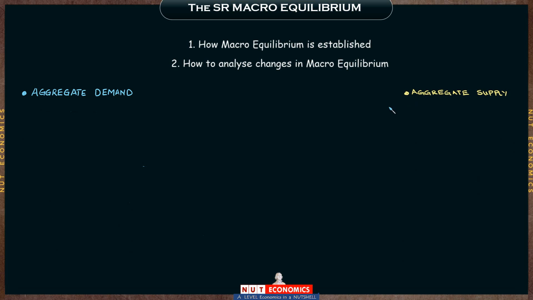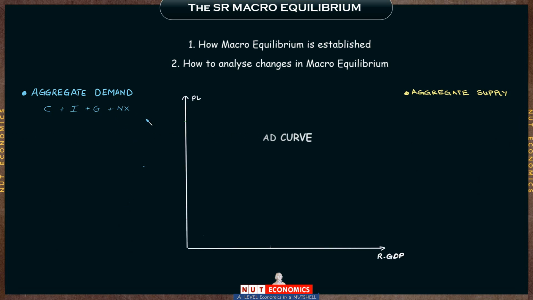Now, in terms of a quick recap, remember that we learned that aggregate demand, the sum of C, I, G and NX, is the total demand for the country's output coming from all the four different sectors of the macroeconomy. And we then learned that the aggregate demand curve tries to tell us about the amount of this aggregate demand that will exist in the country at each of the different possible price levels.